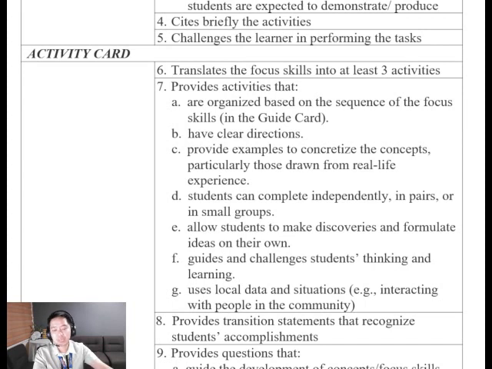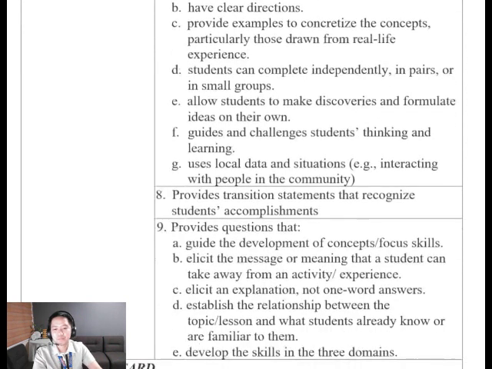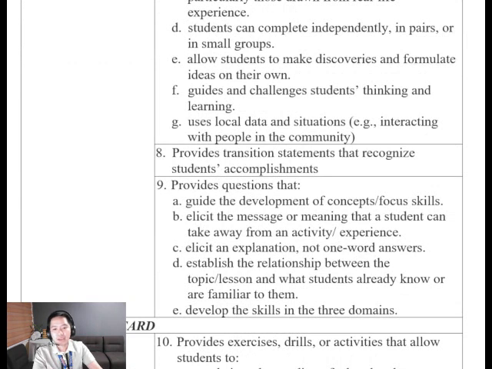Students can complete independently, in pairs, or in small groups. Allow students to make discoveries and formulate ideas on their own. Guides and challenges students' thinking and learning. Uses local data and situations, interacting with people in the community. Provides transition statements and recognizes students' accomplishments.